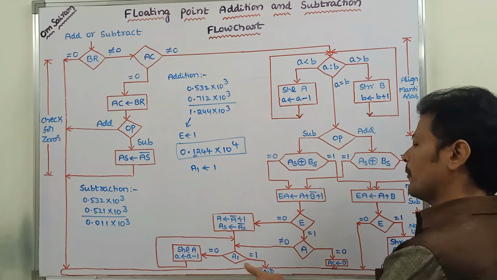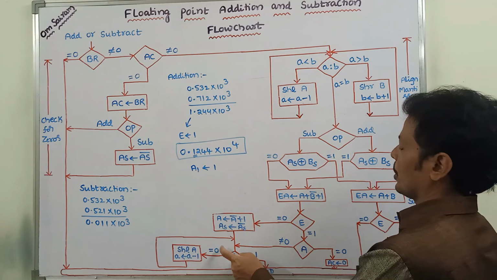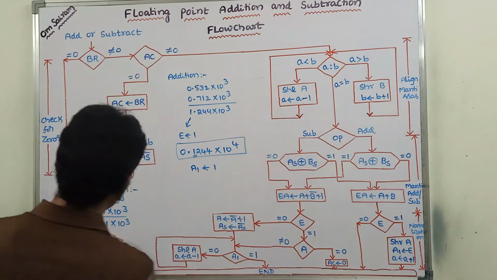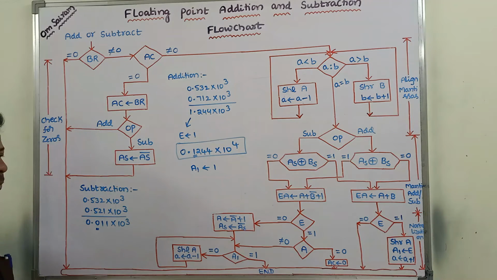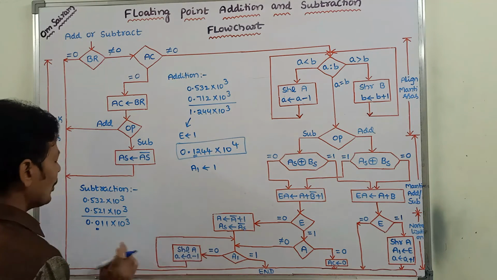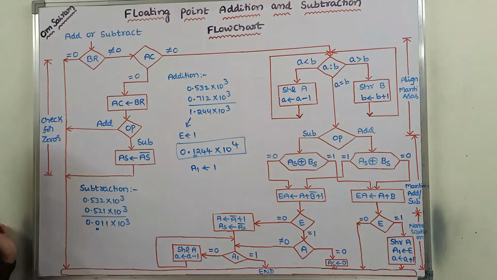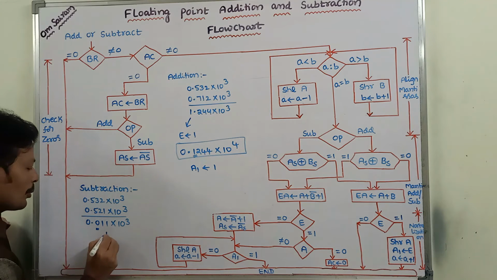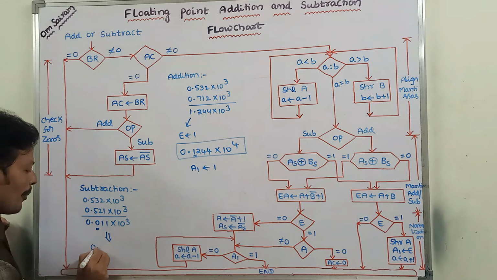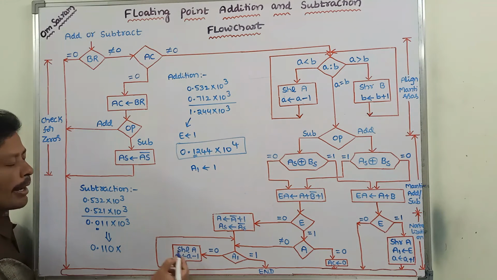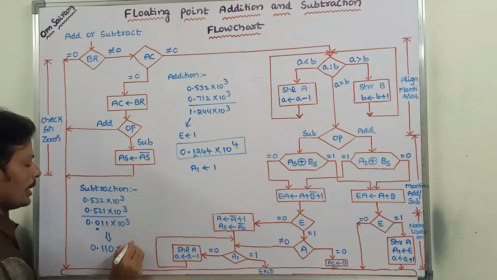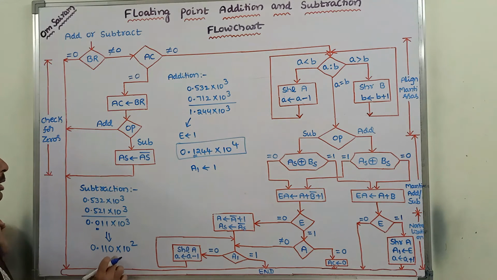If its value is equal to 0, now we perform the shift left operation. Whenever we perform the shift left operation and decrement the exponent value, we get this result, 0.110 into 10 power 2.